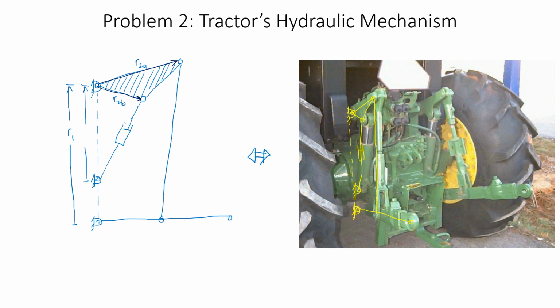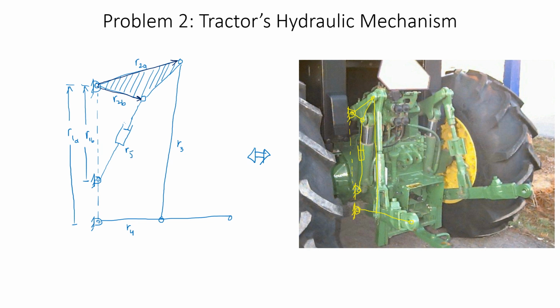So this R1 can be labeled as R1A, and I can label this one as R1B to differentiate the two. And then obviously there is another link, R3 over here, and I can label this one as R4, this as R5.